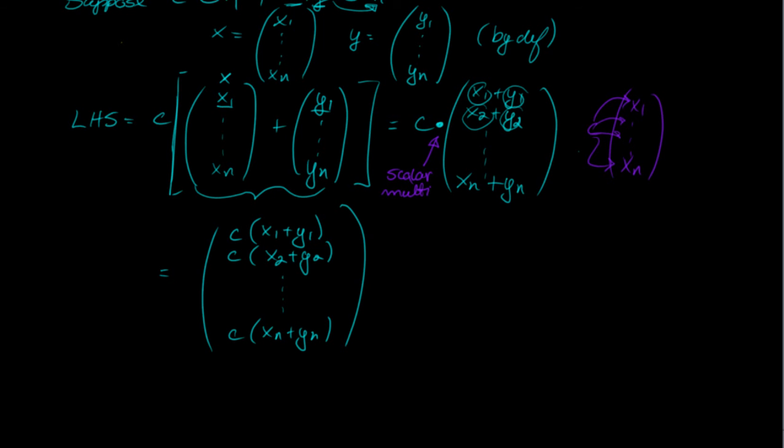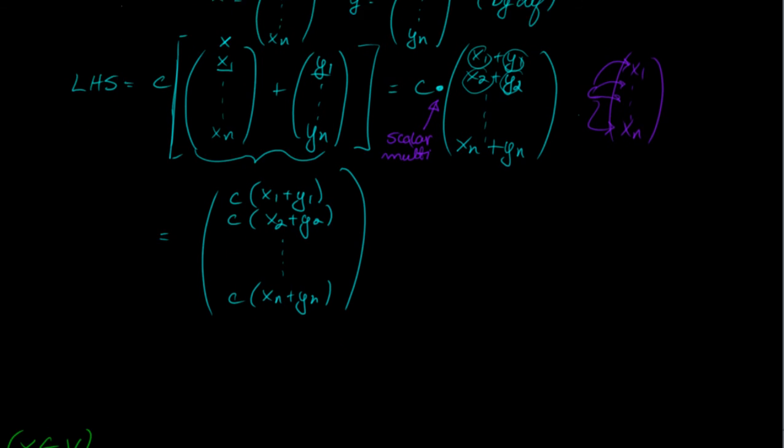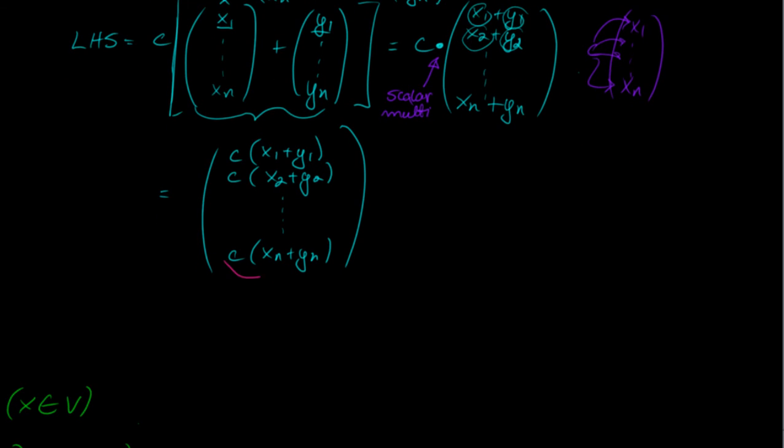But now what you have to remember, and sort of the basic idea of all these proofs, is that once you get here, this is actually over R. And we know that over R, c times (a plus b) is equal to ca plus cb. For example, if I have 2 times (3 plus 5), I know that's equal to 2 times 3 plus 2 times 5.